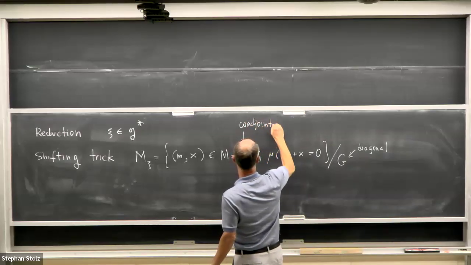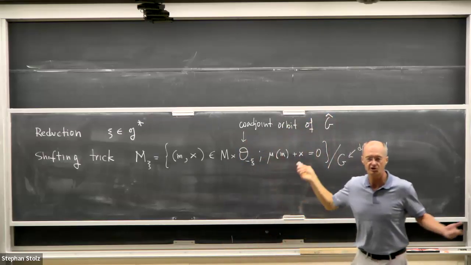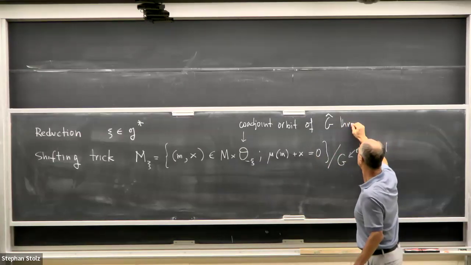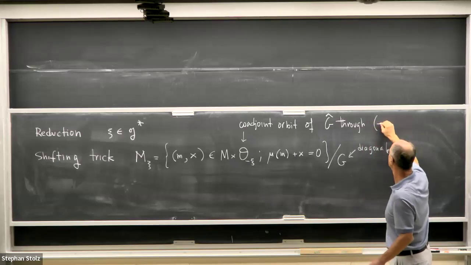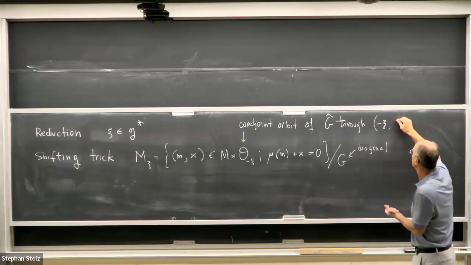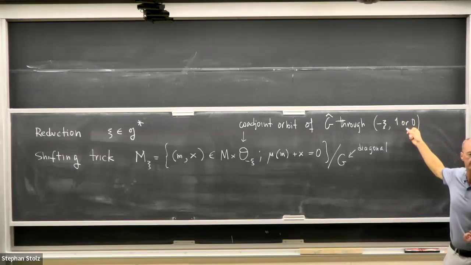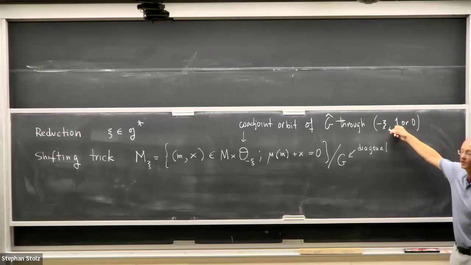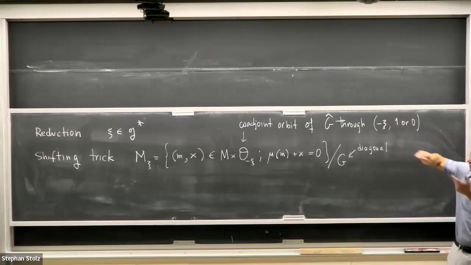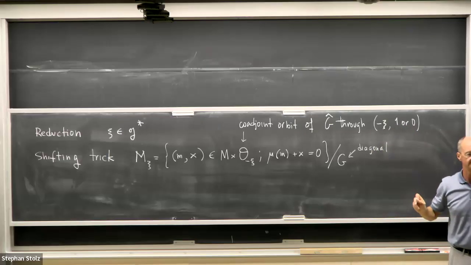So this guy is a coadjoint orbit of G hat in general through the point minus psi, and here you should put your 1 or your 0, depending on whether the central extension was trivial or non-trivial, and we are choosing always that hyperplane to be living at 1, just to simplify our life. So then there is a binary choice here.